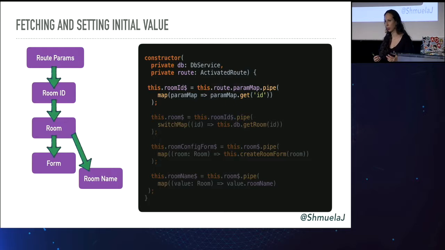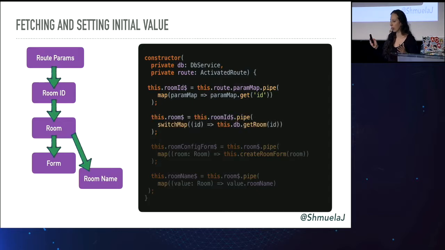And so we subscribe to this observable, and we can get whatever parameters we have there. So what I'm doing here, I'm taking it and mapping it to get only the ID. I'm not subscribing to it yet because I don't know what I want to do with this ID.